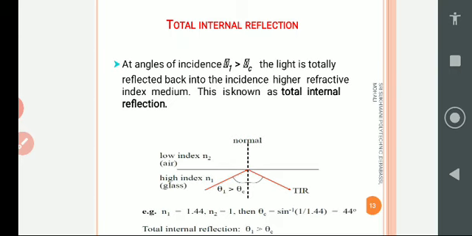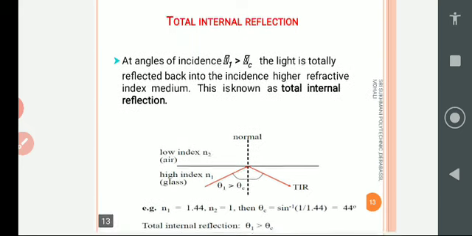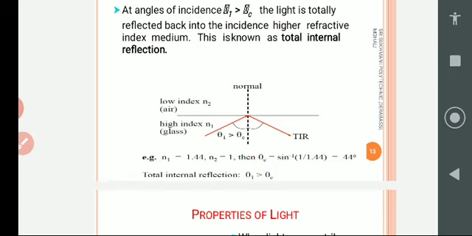Here is an example. Let us suppose we have a fiber having a core of refractive index 1.44, so N1 is equal to 1.44. The same fiber has a clad of 1, so N2 is equal to 1. The critical angle can be evaluated from the formula sine inverse of N2 by N1. So it is sine inverse of 1 divided by 1.44, and the critical angle comes out to 44 degrees.